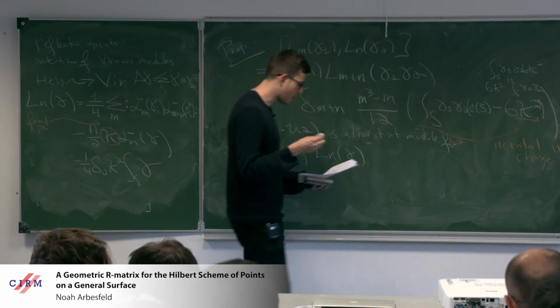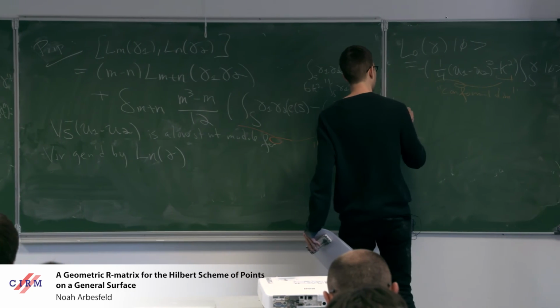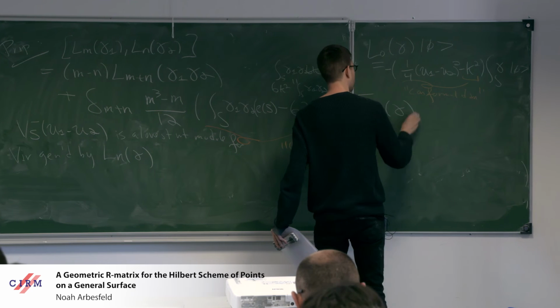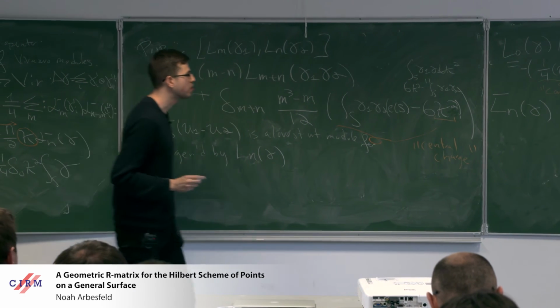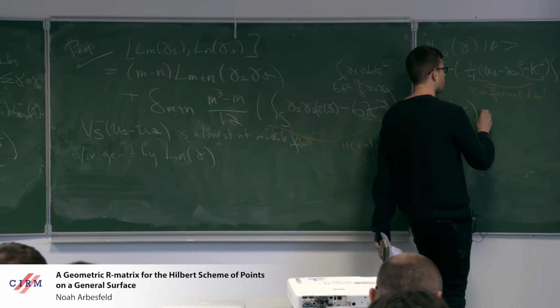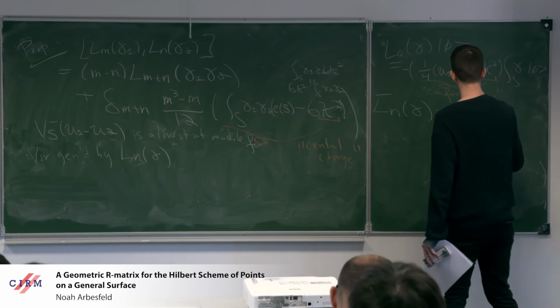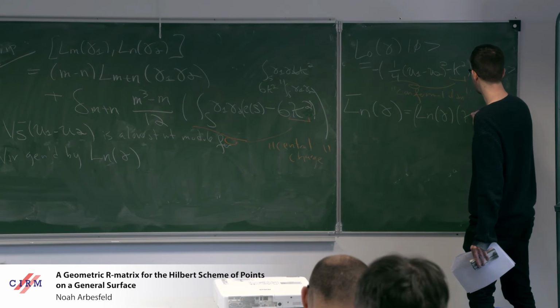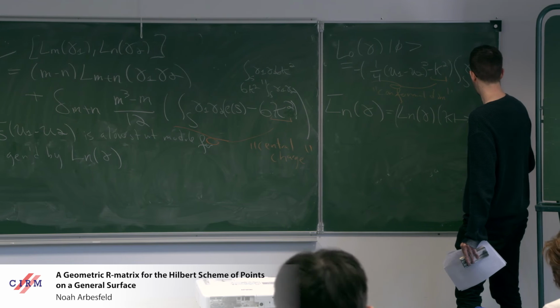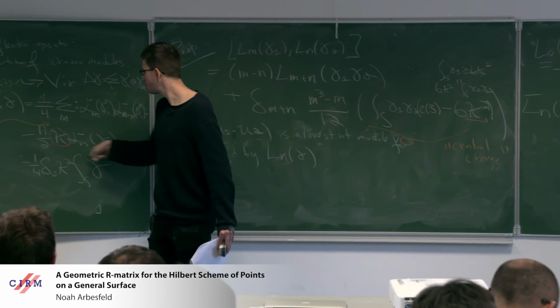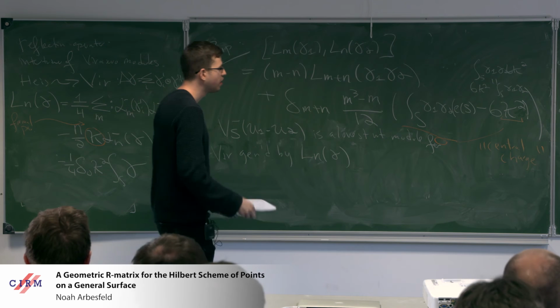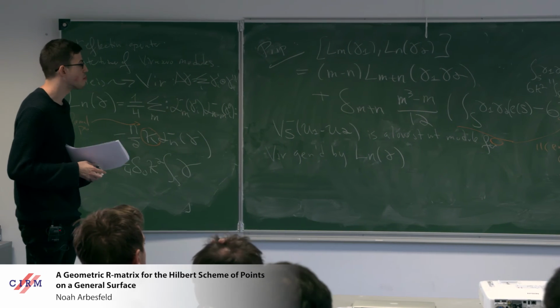And so in particular, if I were to define a new operator, say Ln hat of gamma, Ln bar of gamma, that was the same as Ln gamma, only I flip the sign of kappa. So in this linear term, I just flip the sign. Then the resulting module should be isomorphic.